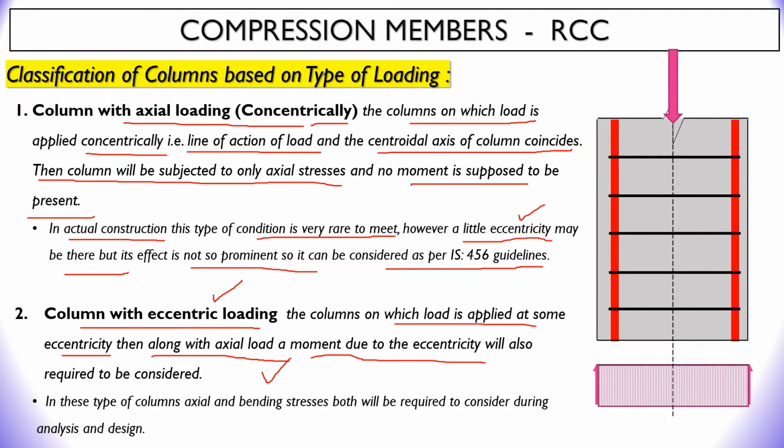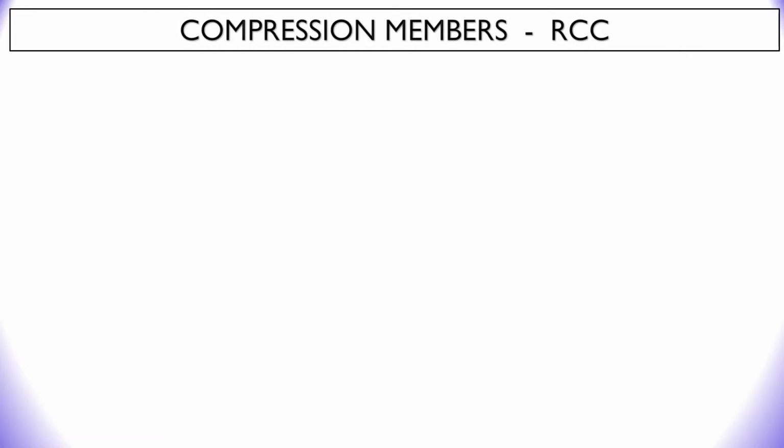And when we are going to do the analysis or design, we have to take into consideration both the axial load as well as the moment due to the eccentricity of the load.